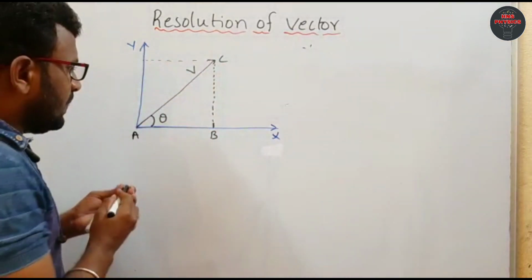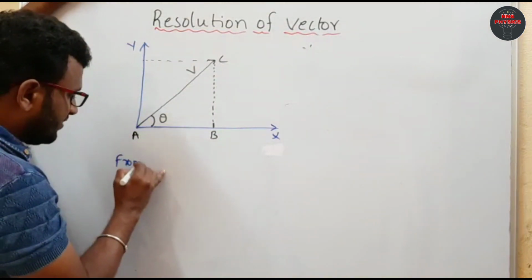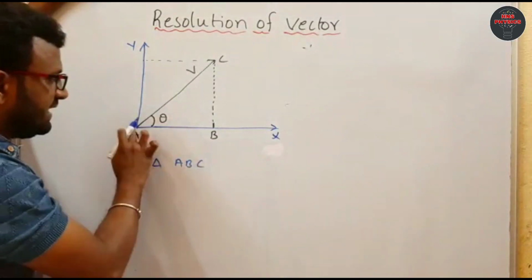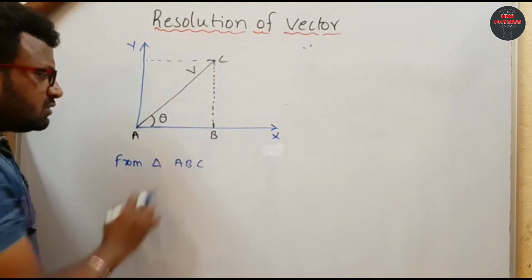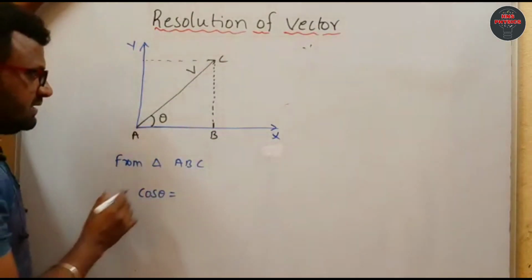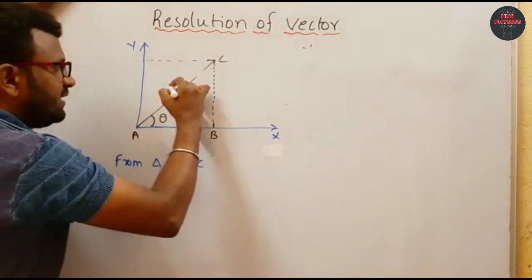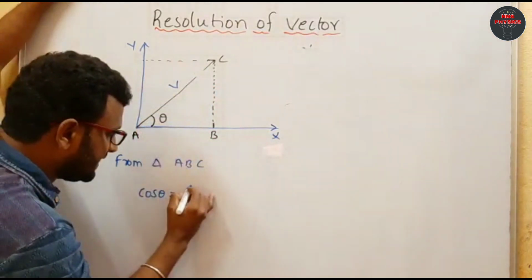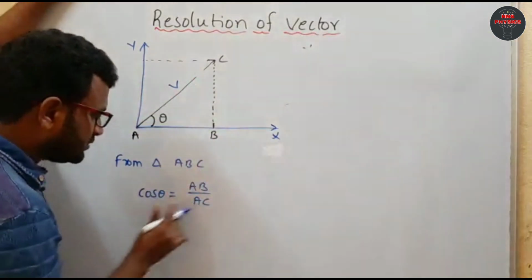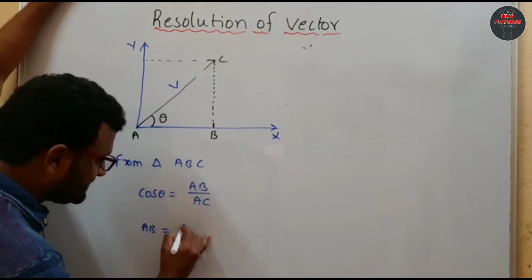Right, now here one triangle is there, triangle ABC. From triangle ABC, when I am taking cos theta, what are the ratios of sides? Adjacent side by hypotenuse, right? What is the adjacent side here? AB by hypotenuse, which is nothing but AC, right? So from here AB equals AC cos theta.